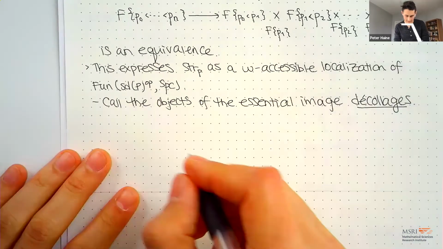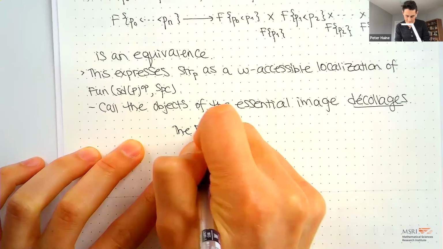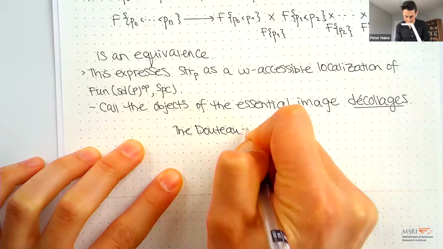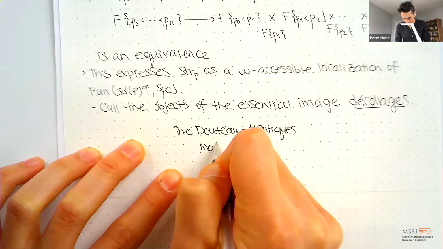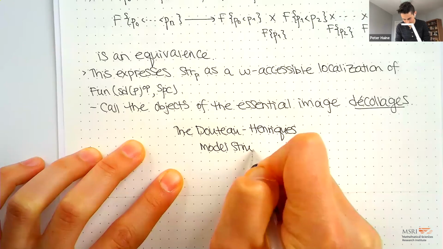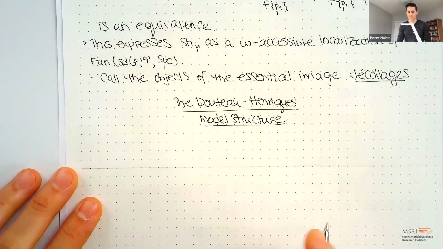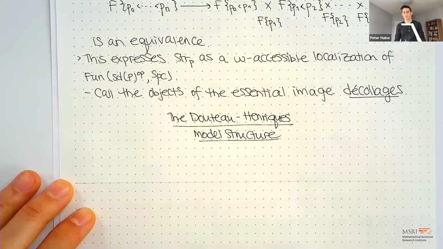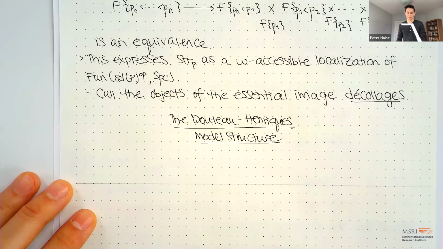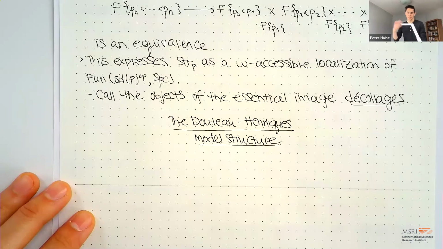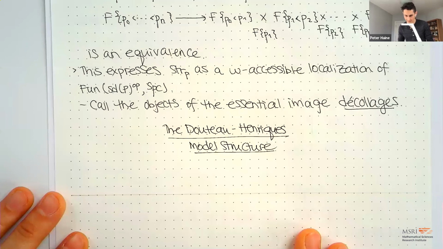So now what I want to talk about is what I call the Douteau-Henriques model structure. If you think about presheaves model categorically, you can think about them as presheaves of simplicial sets in the projective model structure, and then you can localize further. So let's first just try to do something with presheaves and localize.